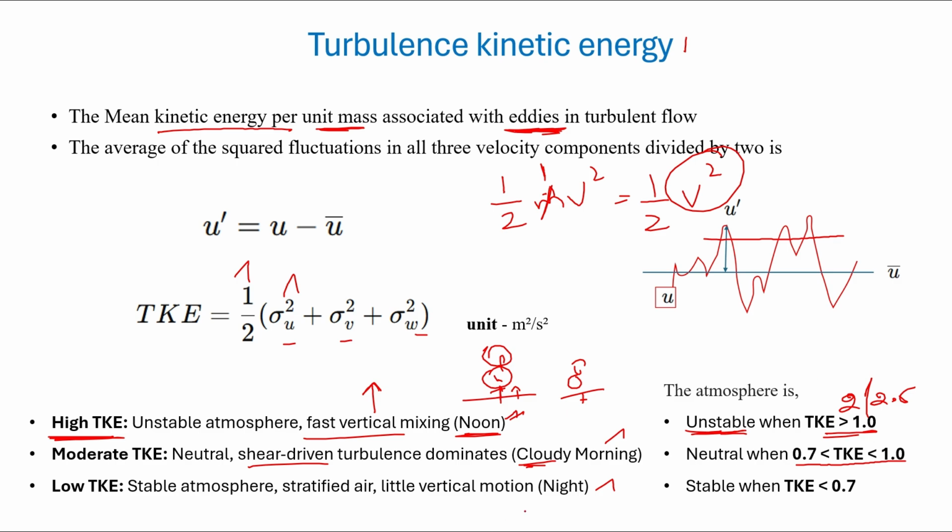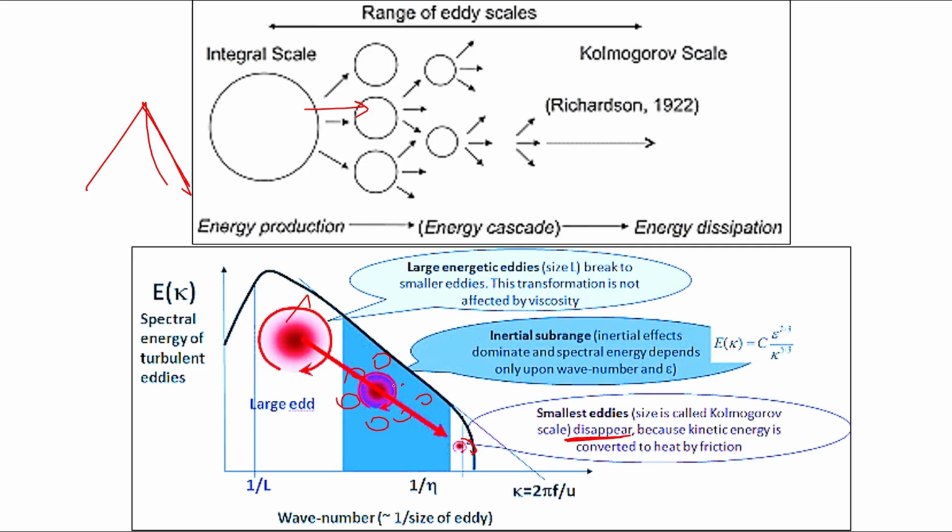Then at night, there is no vertical motion at all, so we have very low turbulent kinetic energy, which is less than 0.7. Normally it will be 0.3, 0.5, like that. So this is how, depending upon the temperature variation between day and night, the turbulent kinetic energy changes from low to high. So this is about the turbulent kinetic energy.